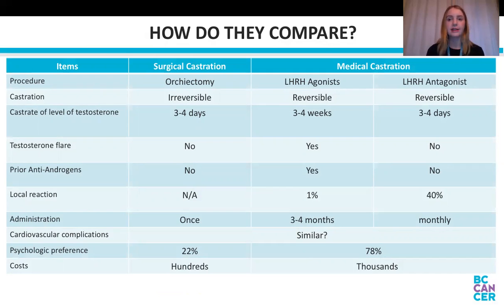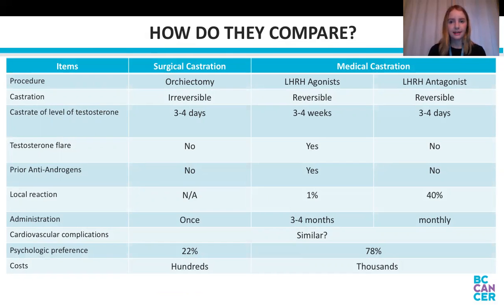And the injections are typically given every 3 to 4 months. About 1% of individuals will have a local reaction, which is seen as some minor redness, swelling, or rash around the injection site.